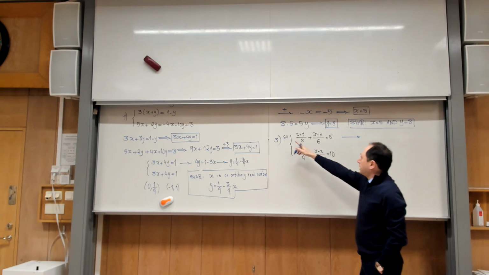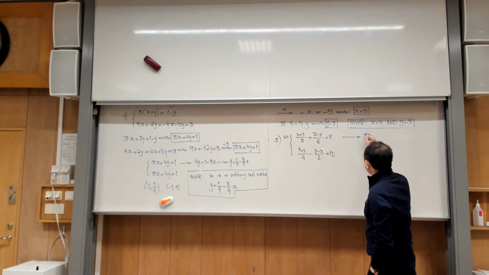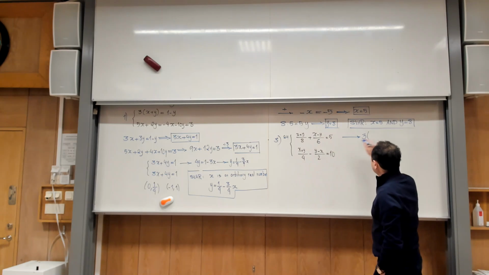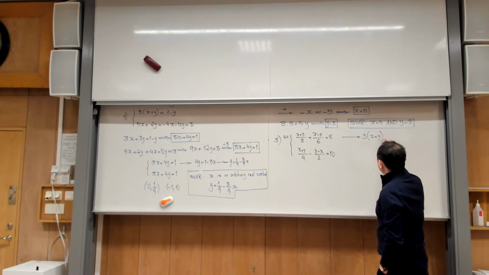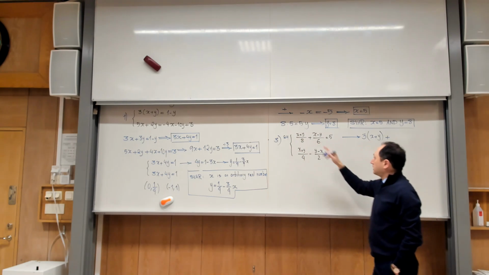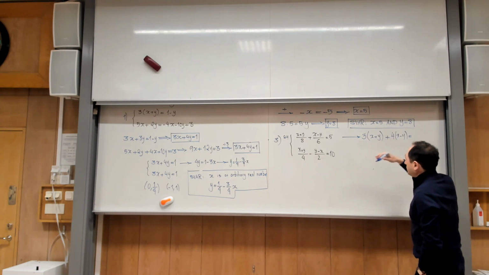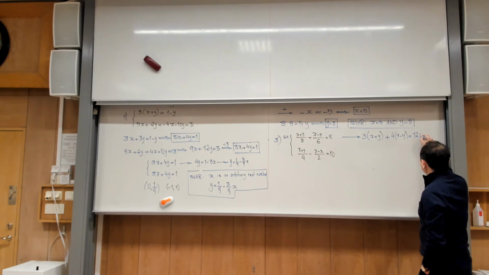If I multiply by 24, 24 in your head divided by 8 is 3 times. Let me write all these steps. 3 times (x plus y). And then I will have plus, 24 in my head divided by 6 is 4 times. So I have to multiply this by 4. And then 5 times 24 is 120.